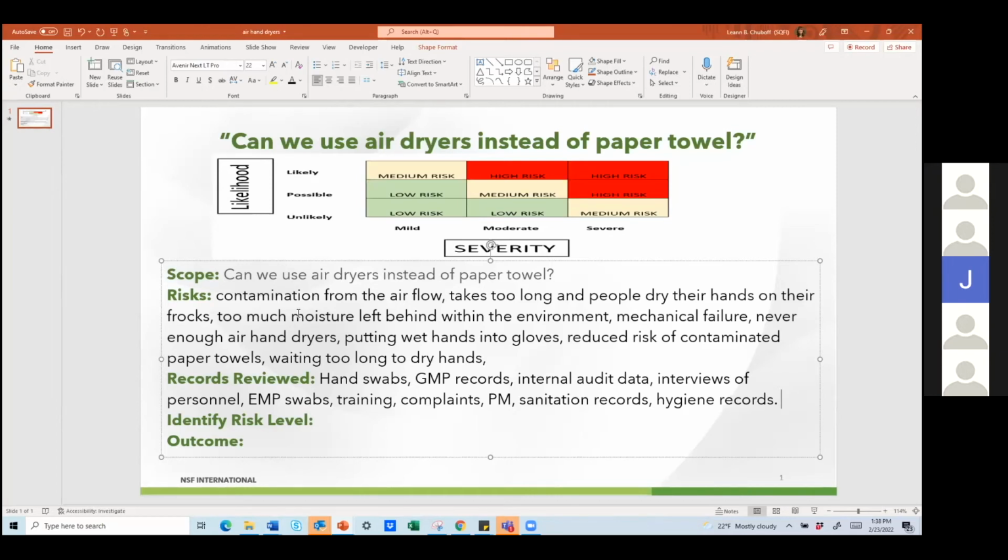What would be the likelihood of contamination from the airflow, or people not drying their hands, or waiting too long? Let's say that, hand swabs, etc. Using all this data, what would be the likelihood if we were to use air hand dryers instead of paper towels, the likelihood that these risks would occur?